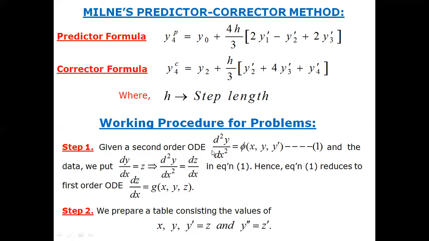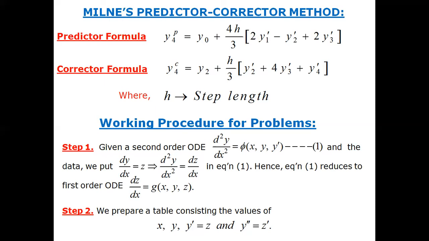The second order differential equation reduces to dz by dx equal to g of x comma y comma z. So this is first order. This is the first step in solving a second order differential equation using Milne's predictor corrector formula: reduce the second order differential equation to first order form.